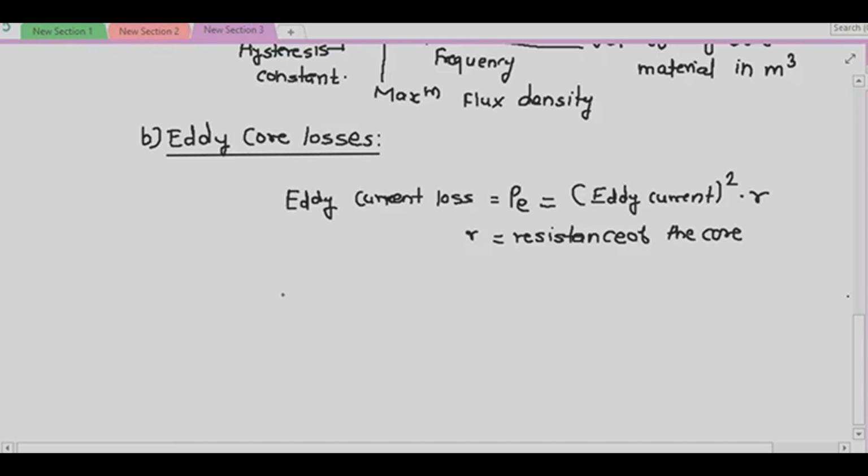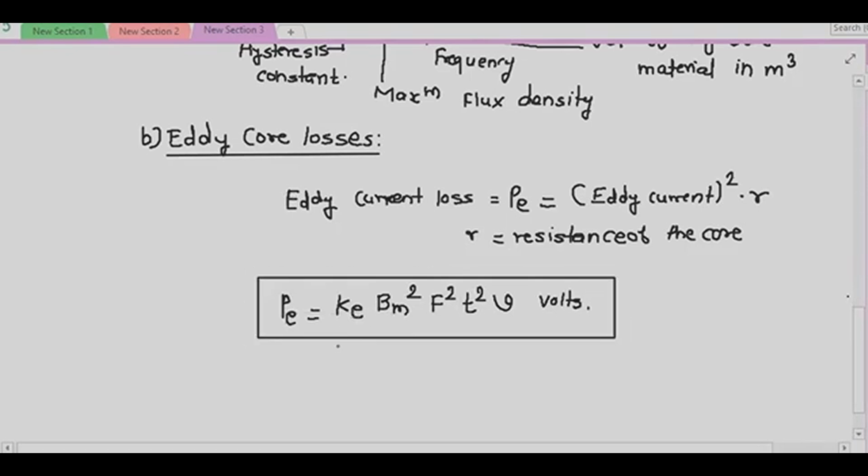The empirical formula for Pe is Ke Bm squared f squared t squared v watts.